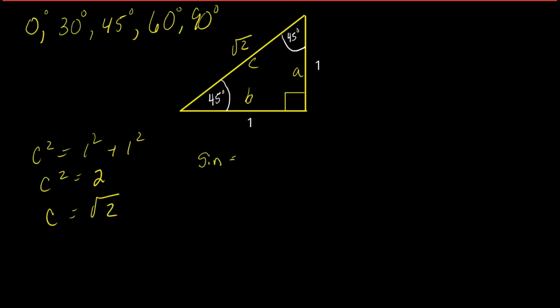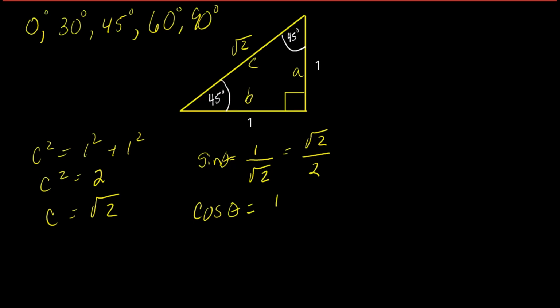So I just choose whichever angle I like. Sine will be equal to opposite over hypotenuse. So that will be 1 over the square root of 2. And since we can't have the radical in the denominator, we're going to multiply the top and bottom by the square root of 2. So that's going to give me the square root of 2 over 2. The cosine of theta will be the same thing.